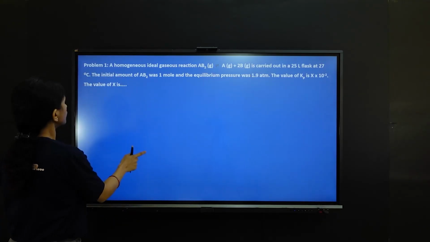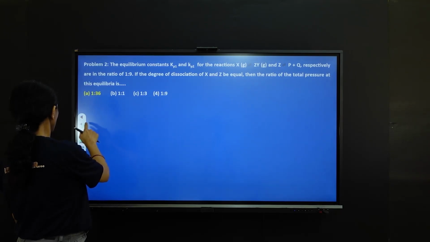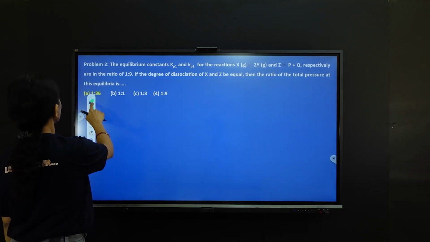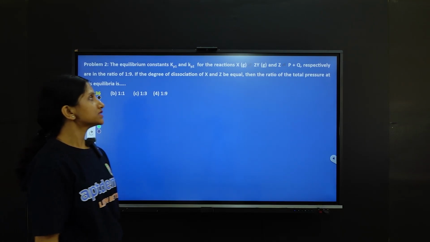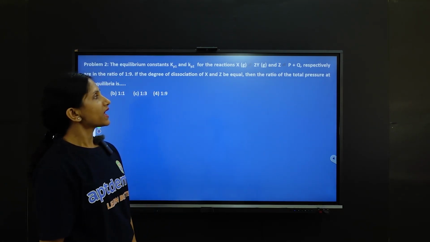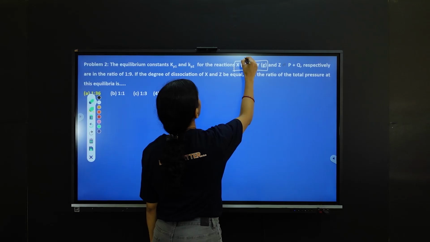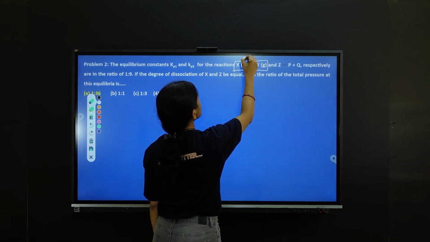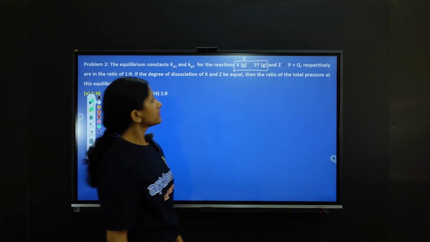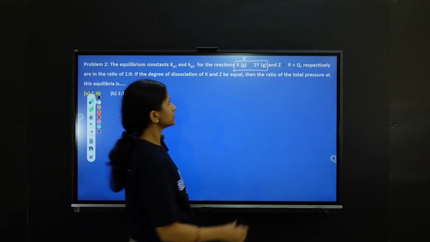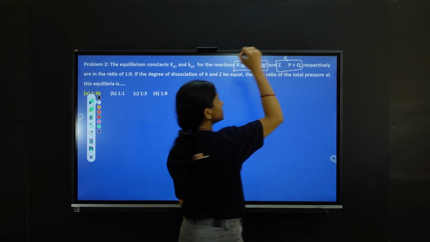So now with this, let's move on to the second problem. This problem is saying that the equilibrium constants Kp1 and Kp2 for the reactions X gas giving 2Y gas and Z. This is one reaction, and we can consider the total pressure of this reaction as P1, and another reaction has been given as Z giving you P plus Q. This is the second reaction, and we can consider the total pressure of this reaction as P2.